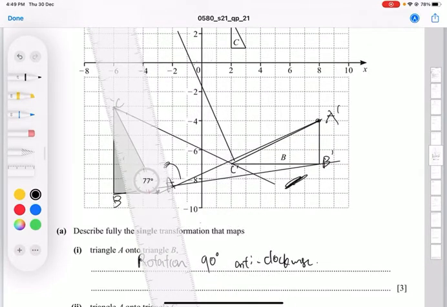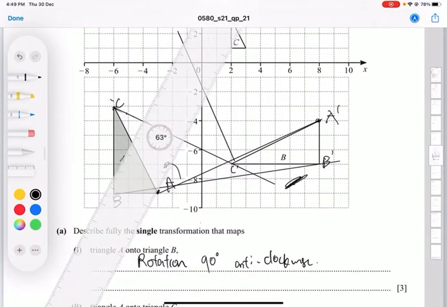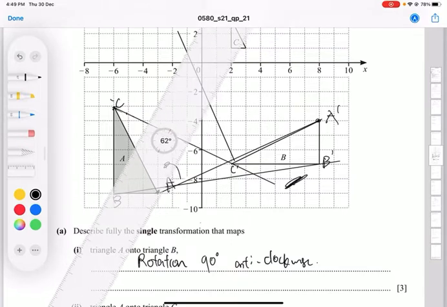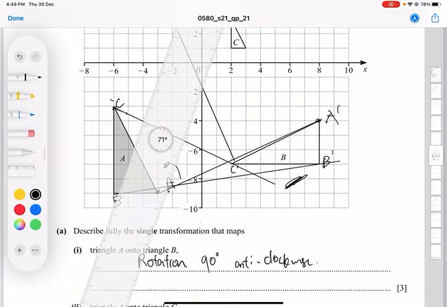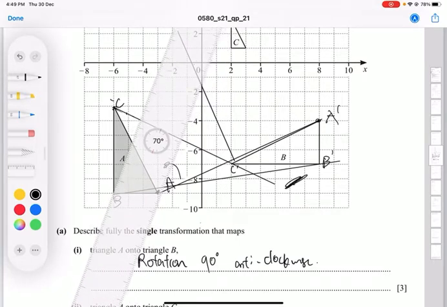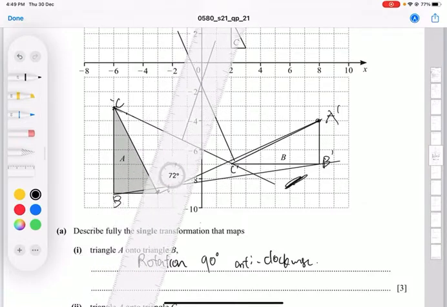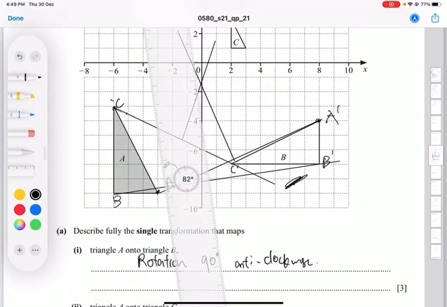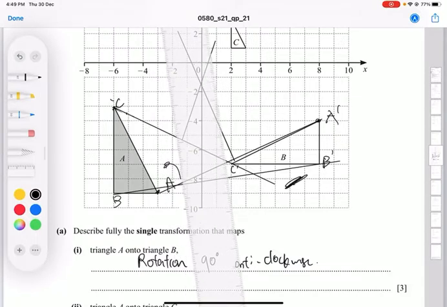And then the other ones here would be, if you use tracing paper, it would be really easy. But you can draw a bisector about here, and then another one here for B in the middle.